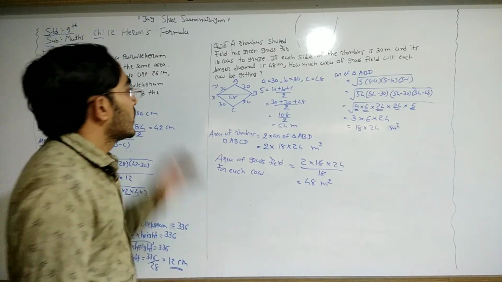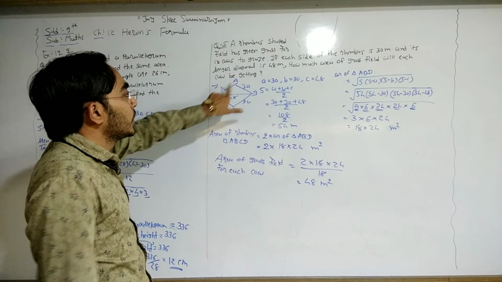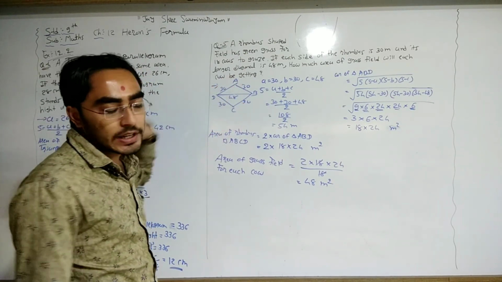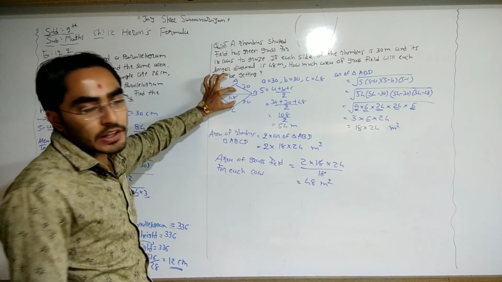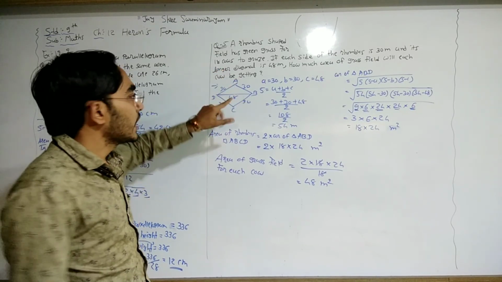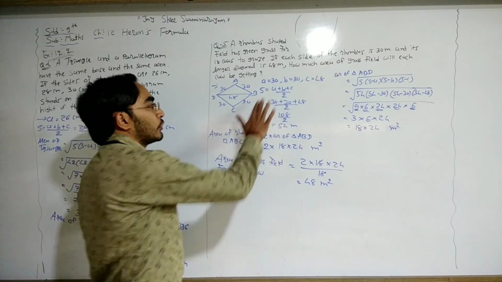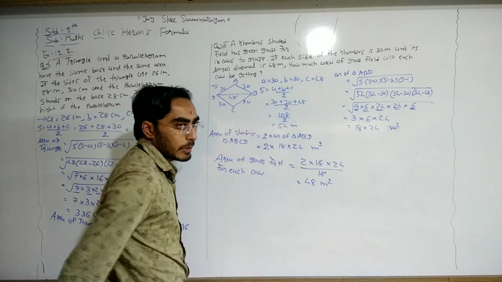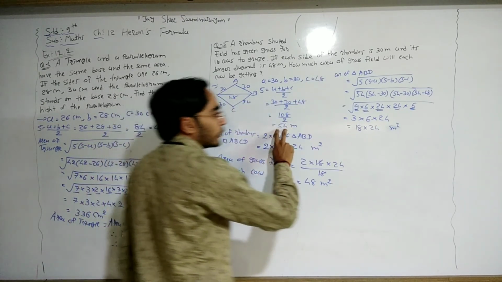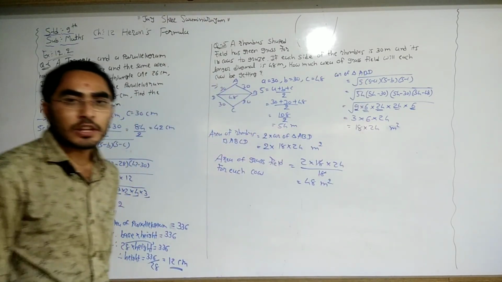Again, the shape is a rhombus, so we need to find its area. Sides are 30, 30, 30 and diagonal 48. Both triangles have the same area, so first find the area of one triangle, triangle ABD. The semi-perimeter is (A plus B plus C) by 2, which is 54, and the area of triangle ABD is 18 into 24.